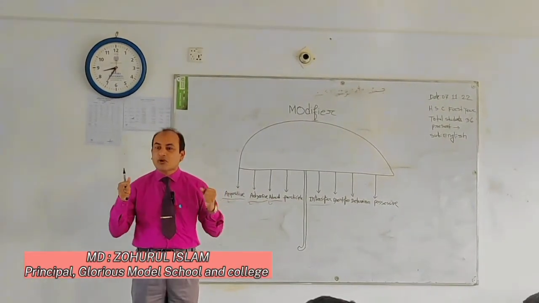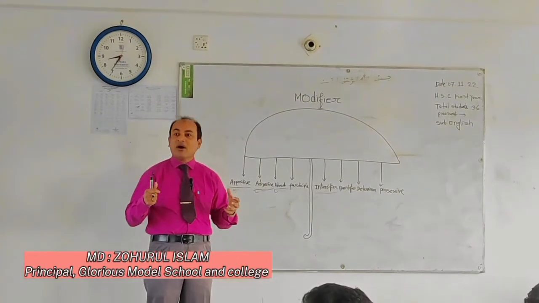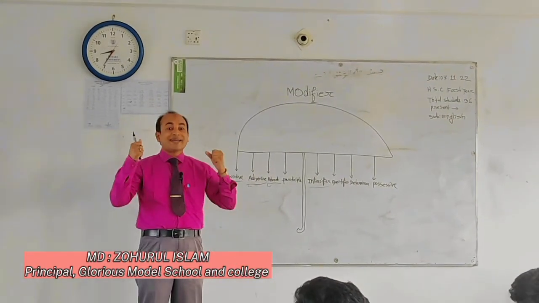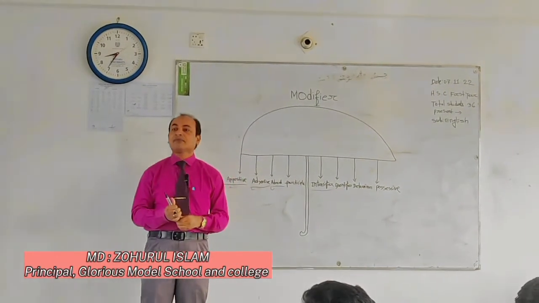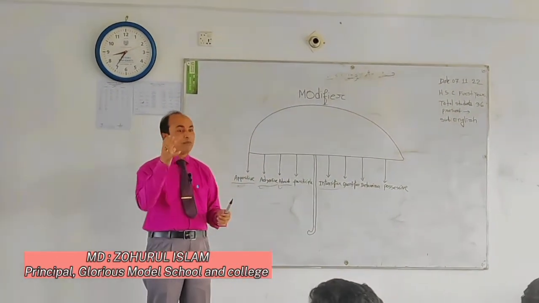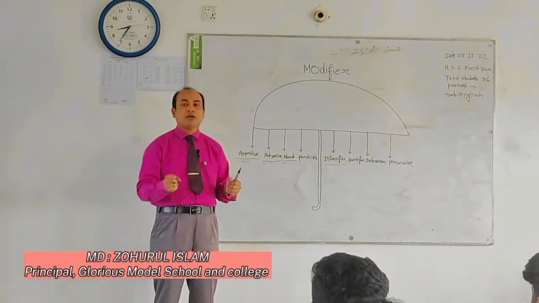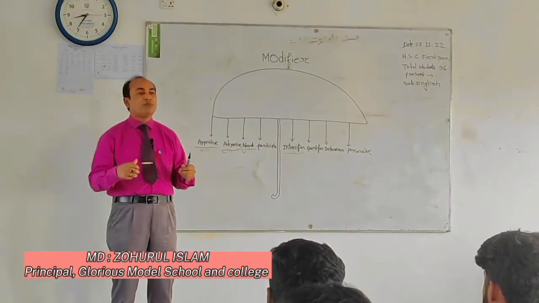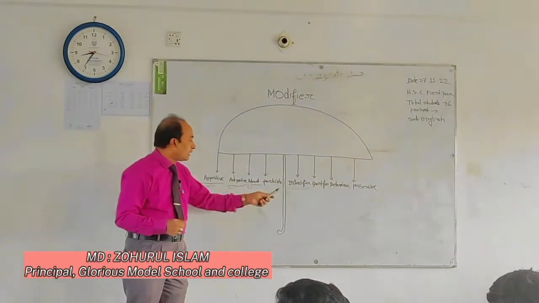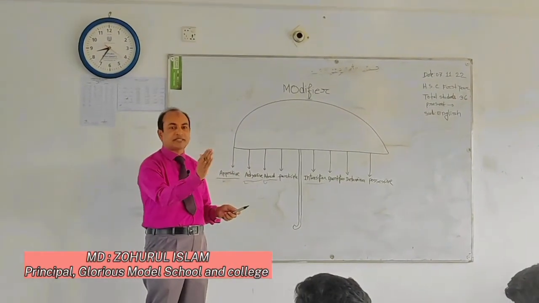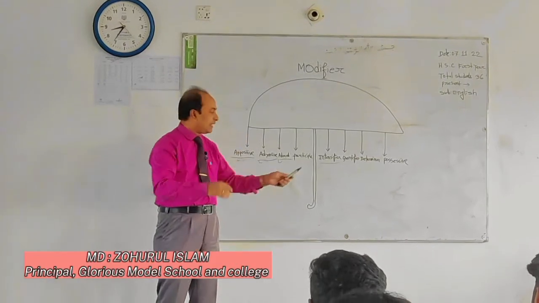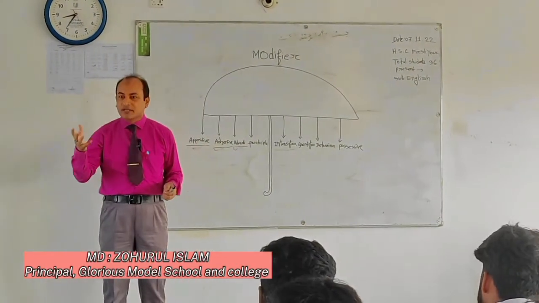I am extremely sorry. I am sorry. How much? Extremely sorry. So here extremely is an intensifier. The word that is used just before the adjective and makes it stronger is called intensifier.